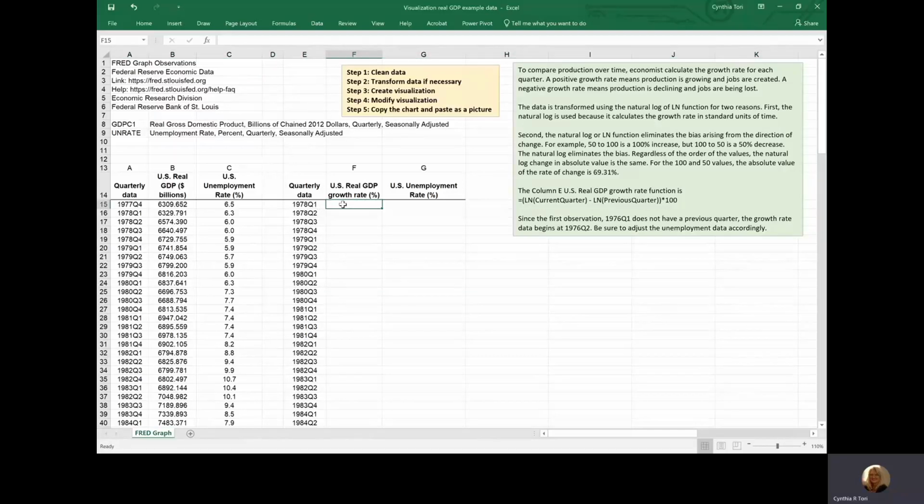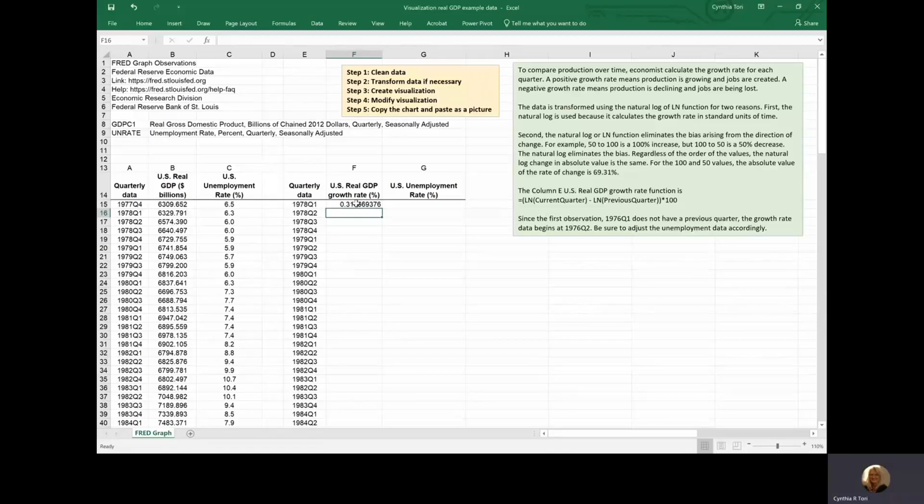So the current quarter, natural log, is 1978, quarter 1, minus the previous quarter's value, which is 1977, quarter 4, close parentheses, close parentheses. That gives me the growth rate in decimals. Now multiply it by 100, and I have the quarterly growth rate for the first quarter of 1978.